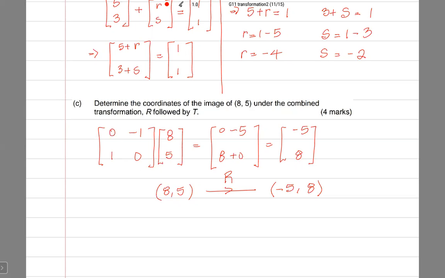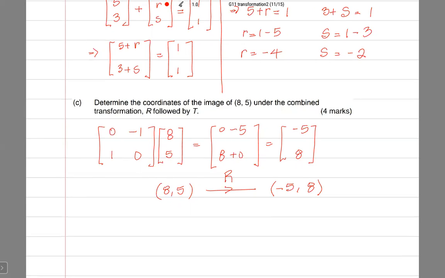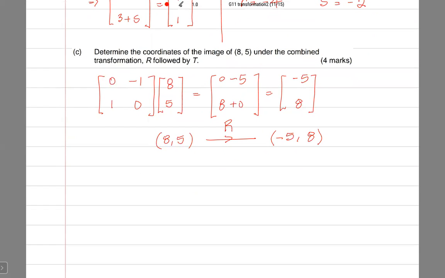Now, after we apply R, we now have to apply T. So the new point now is minus 5, 8, and we're going to apply T to it. T is a translation, so with a translation, you add the matrices.